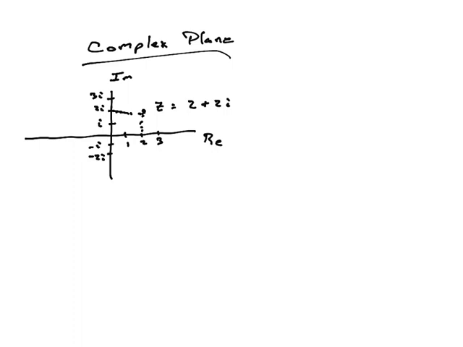And it's gotten by saying, well, how much is in the x direction? That's also called the x component of the vector. And how much is in the y direction, the y component of the vector. So the real part can be thought of as like the x component, and the imaginary part can be thought of as like the y component of a vector.